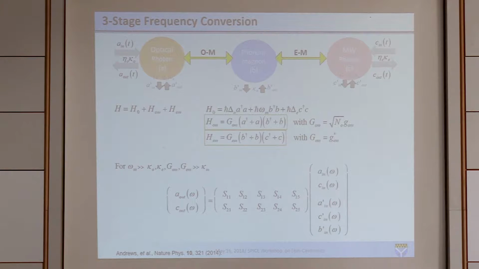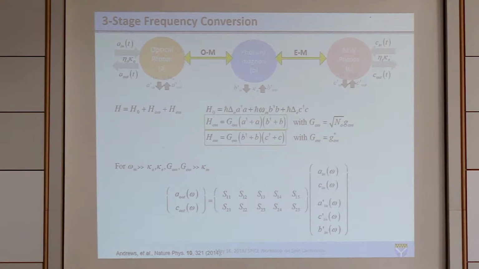Cavity optomechanics, with a photon-magnon mediated process. Now you look at the coupled system. The intermediate excitation couples to the input and output mode through electromechanical coupling and optomechanical coupling, or electromagnetic coupling or optomagnetic coupling, same thing. Okay.